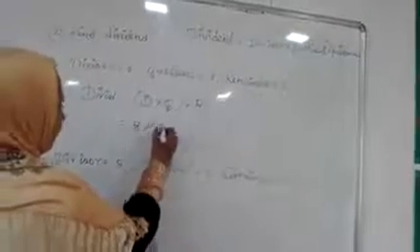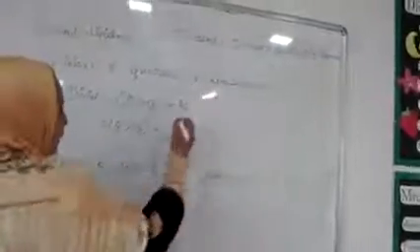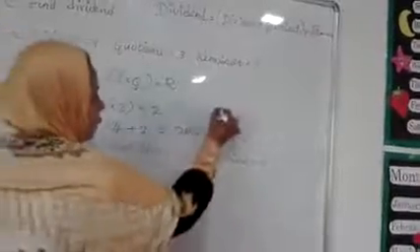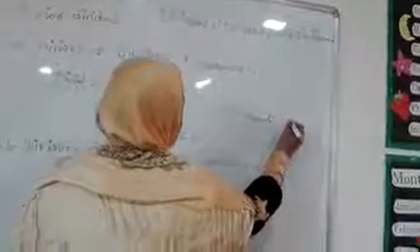First I apply the formula: dividend is equal to divisor into quotient plus remainder. The divisor here is 8, into quotient 3, plus remainder 2. So 8 3s are 24, plus 2, final answer is 26. Therefore, dividend is equal to 26.